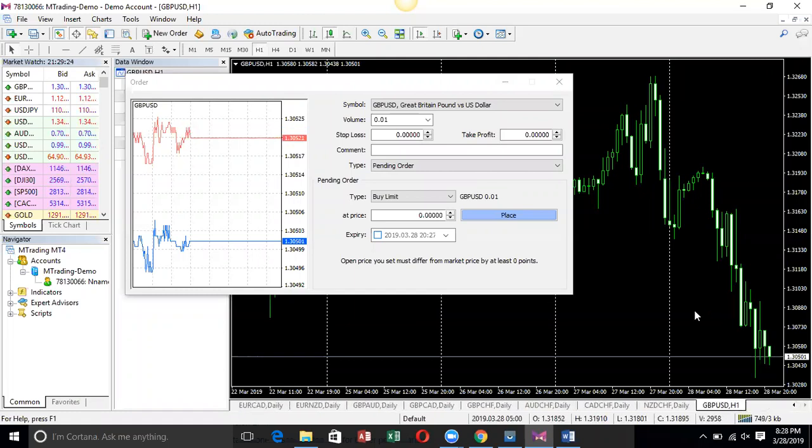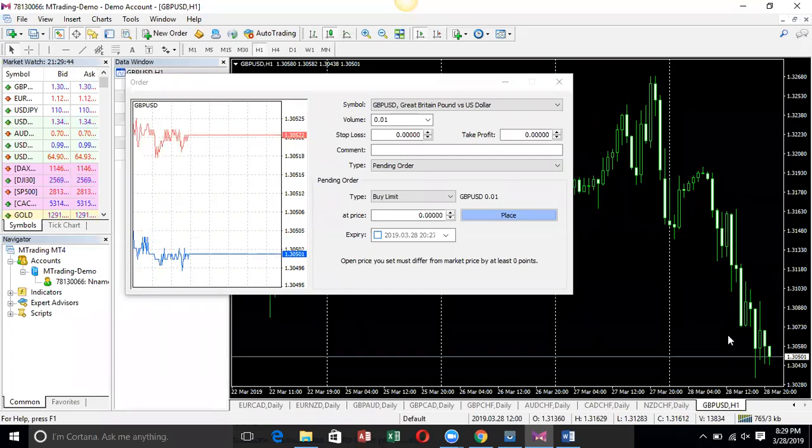Let's assume you want to place a trade, but you don't want to place it yet. Maybe the market has not gotten to the price you want. Are we following? So for the market to get to the price you want, you have to wait.